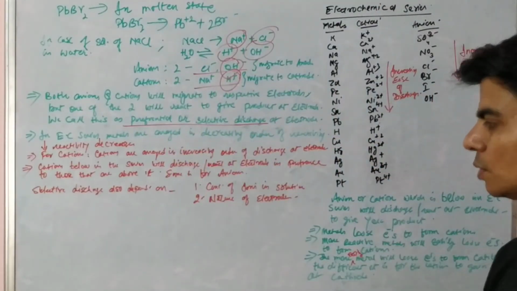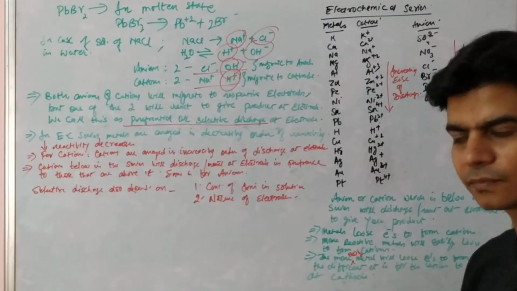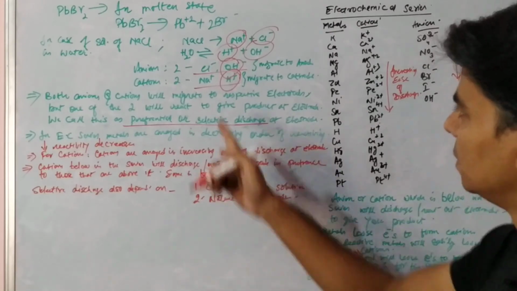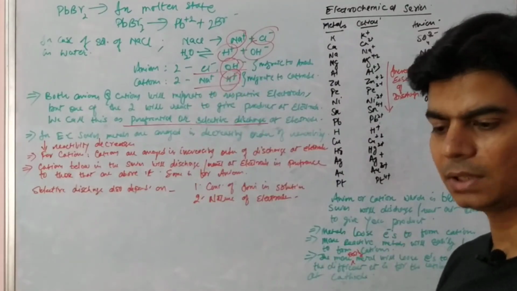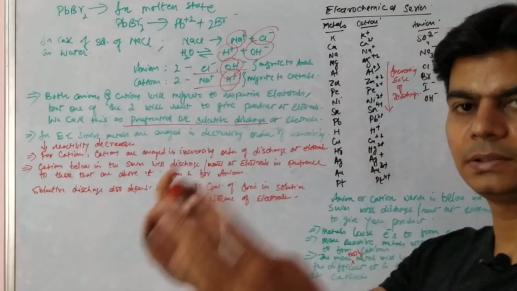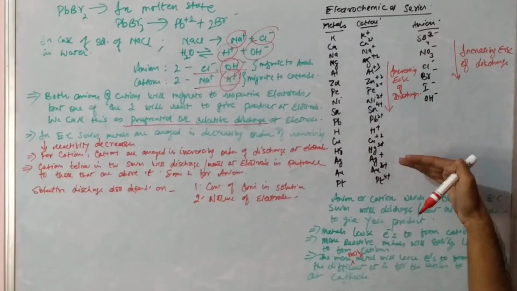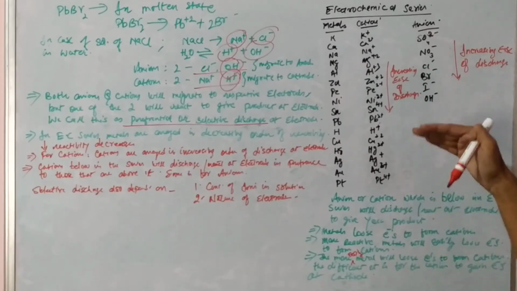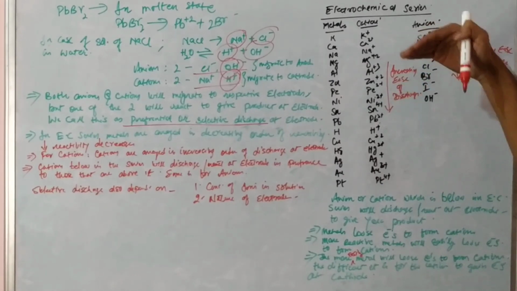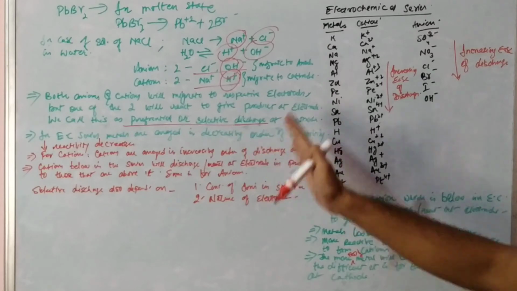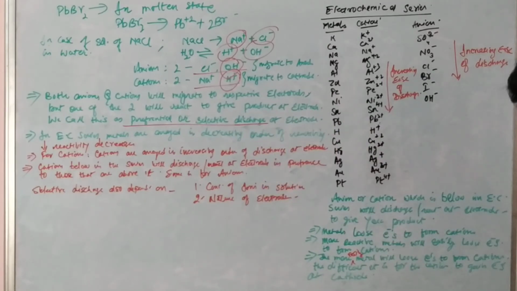The ions which are in higher concentration will preferentially discharge at the electrode, even if the ion is above in the series, if it is in more concentration, then that ion will discharge.